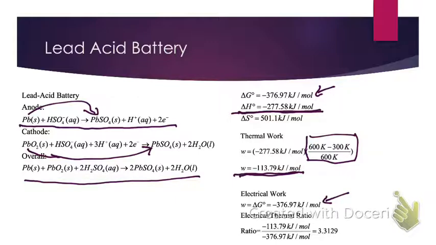So the ratio then shows that the amount of work we would get thermally relative to the amount of work we would get electrically is 3%. So the electrical work is much more efficient than is the case if we were trying to extract thermal work from this exothermic reaction.